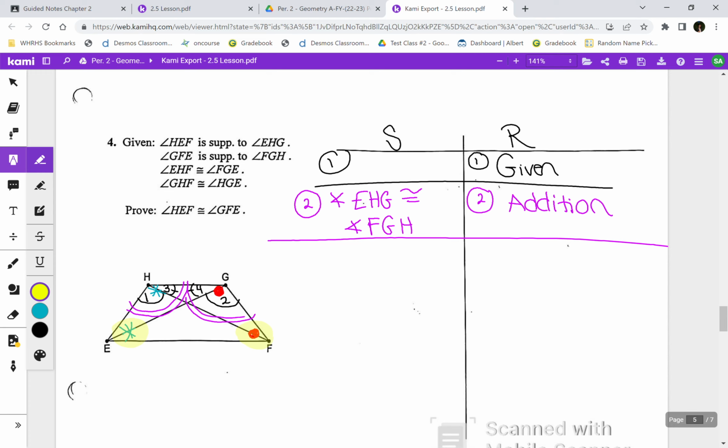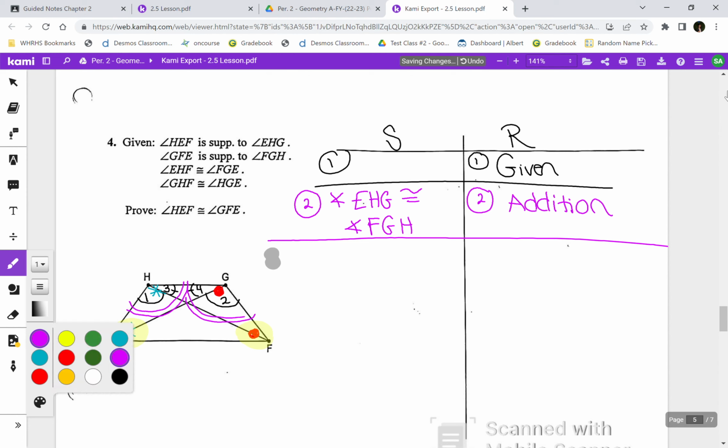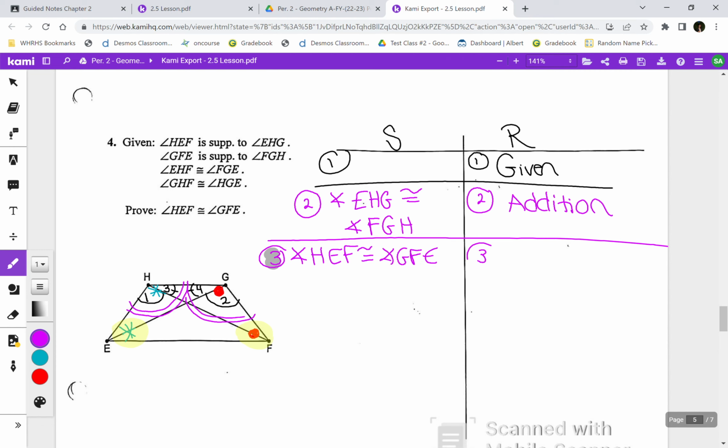So if two angles are congruent, their supplements are also congruent. So we could go ahead and prove what we want to prove. We are going to say angle HEF is congruent to angle GFE, and our reason is supplements of congruent angles are congruent.